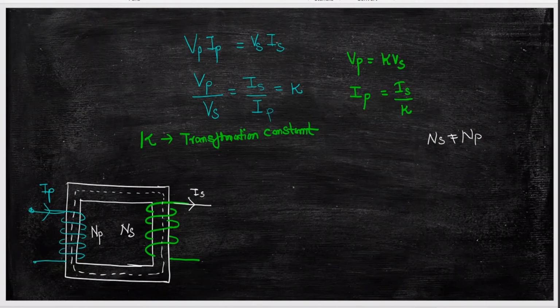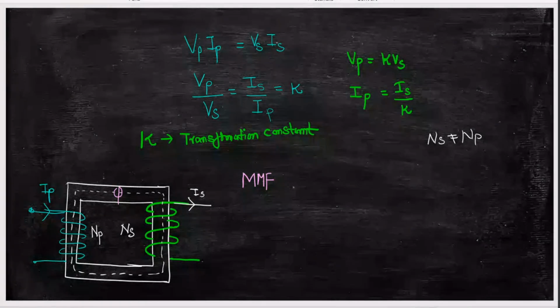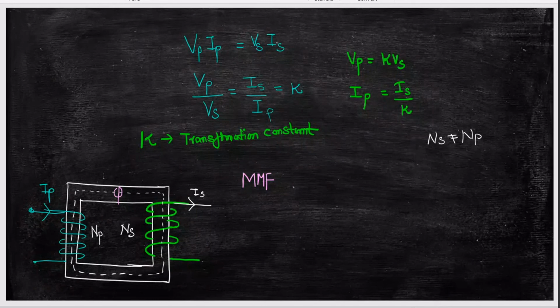Then I will define one term called MMF, which is called magnetomotive force. See here, since the flux remained constant, the magnetomotive force developed on the primary side should be equal to the magnetomotive force on the secondary side.